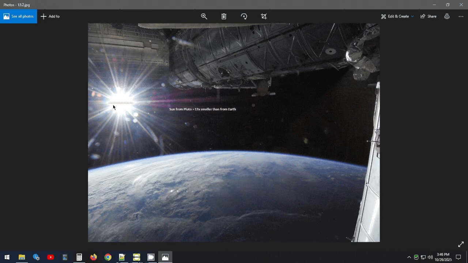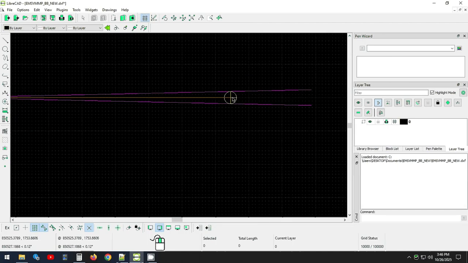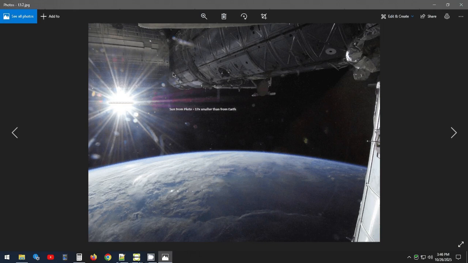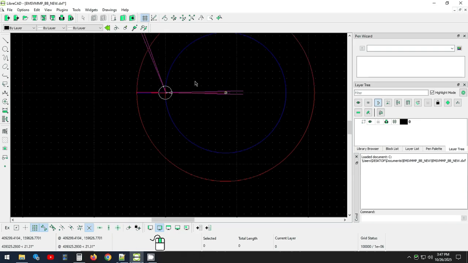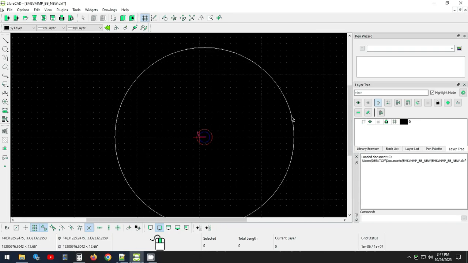So I took the distance of the Sun to the Earth, from our orbit, and I multiplied that distance times 17, and that gave us the distance to Pluto.